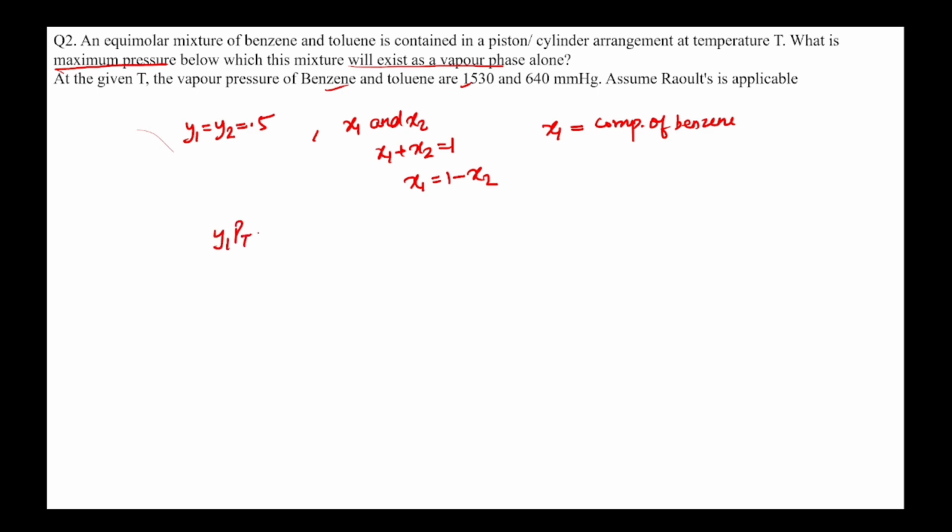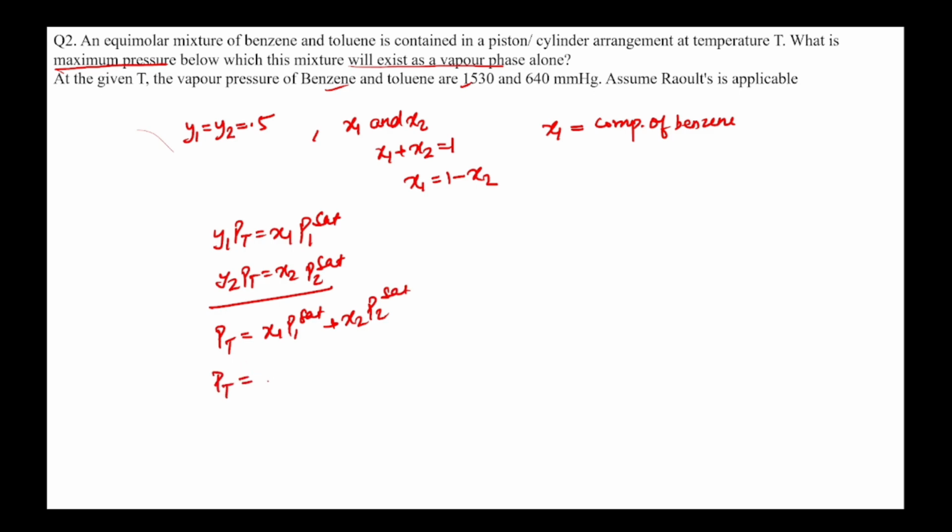Y1 Pt is equal to X1 P1 sat, Y2 Pt is equal to X2 P2 sat. Add both, you will get Y1 plus Y2 will become 1. So Pt is equal to X1 P1 sat plus X2 P2 sat. Now we have to find out the total pressure.